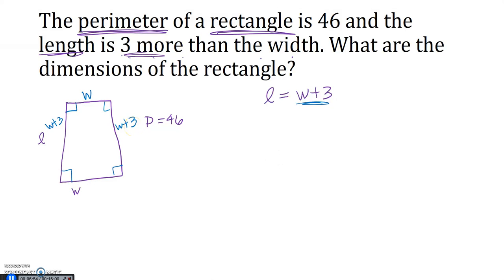And so if this is W plus 3, the opposite side also has to be W plus 3. So if I add up all 4 of these, I have W plus W plus 3 plus W plus W plus 3. Add that up, I have 4W plus 6, and that has to equal 46.